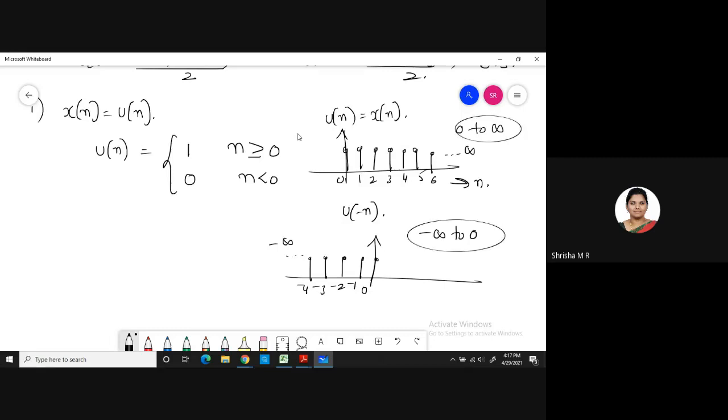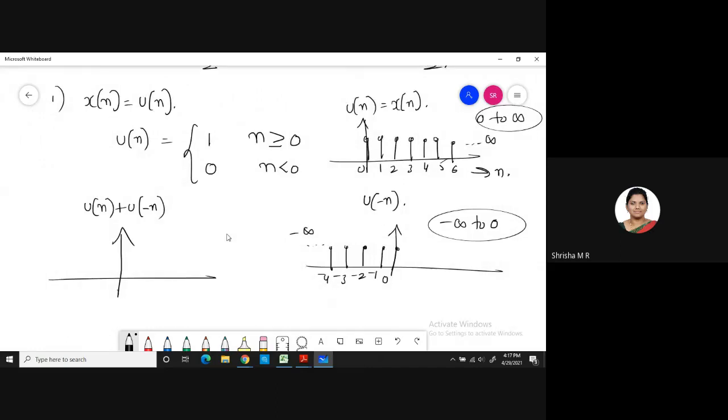So now we have to plot even part. So it is u of n plus u of minus n by 2. First we'll add this, then we'll do amplitude scaling. So u of n plus u of minus n, at n equal to 0, what will be the amplitude?